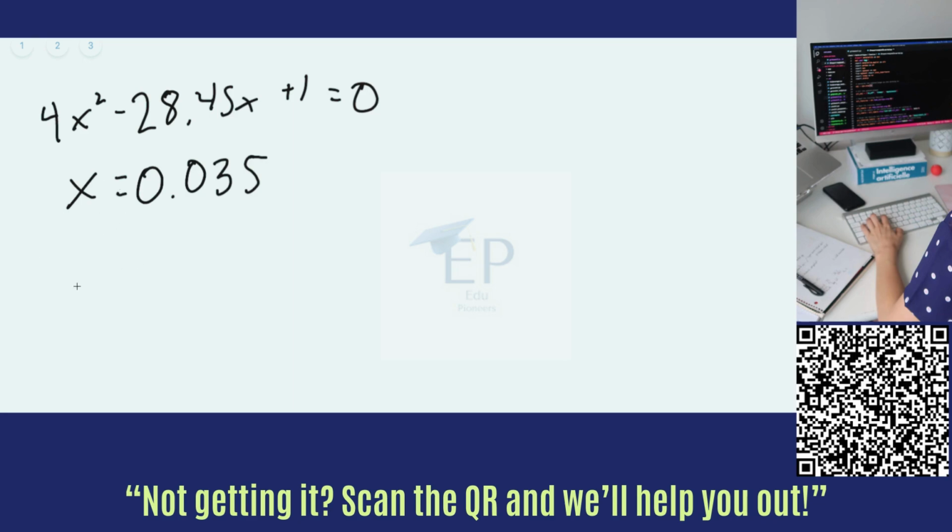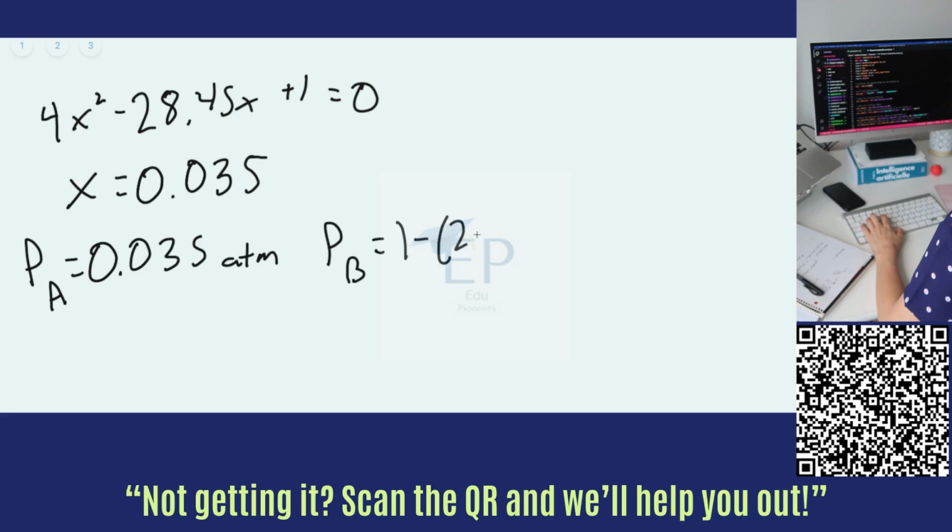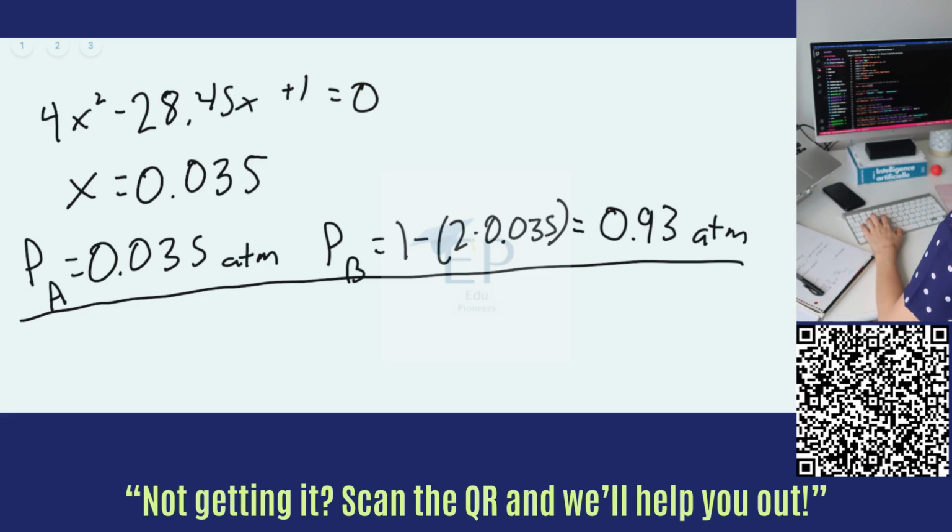And so now that we have this x, we know that our partial pressure of A equals x, so it's just 0.035 atmospheres. And our partial pressure of B is equal to 1 minus 2 times x, which gives us that the partial pressure of B is 0.93 atmospheres. And so these are our final answers for part A.